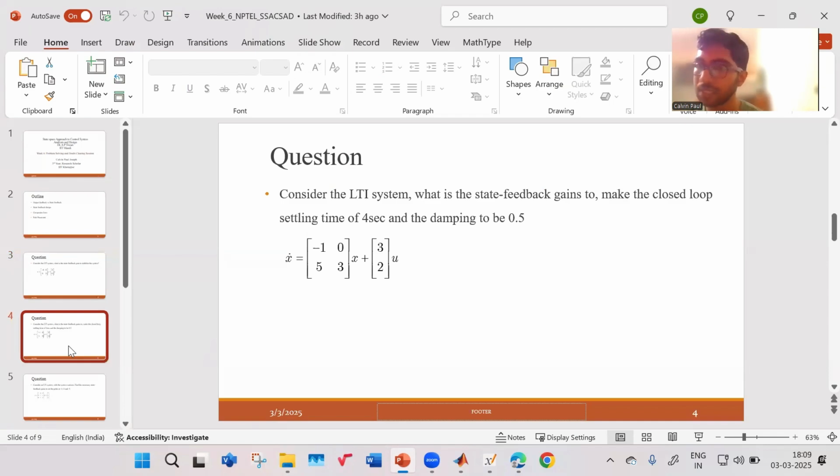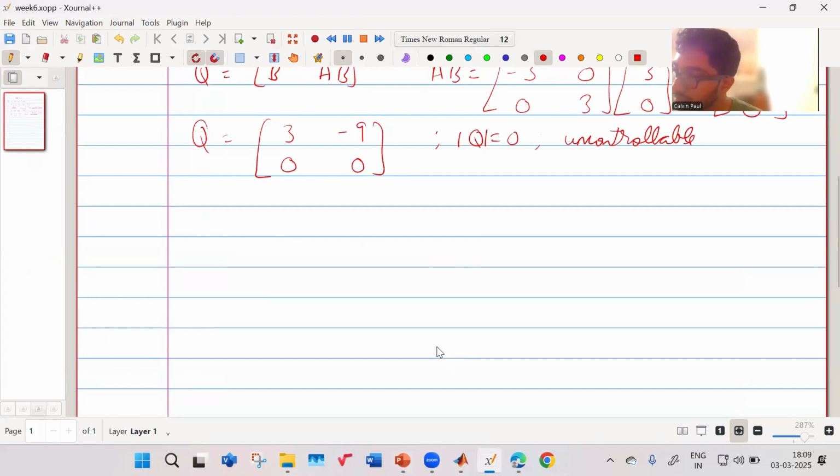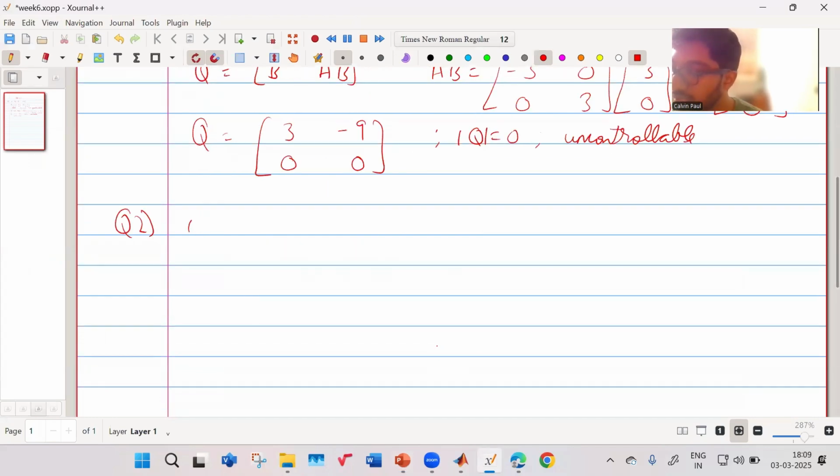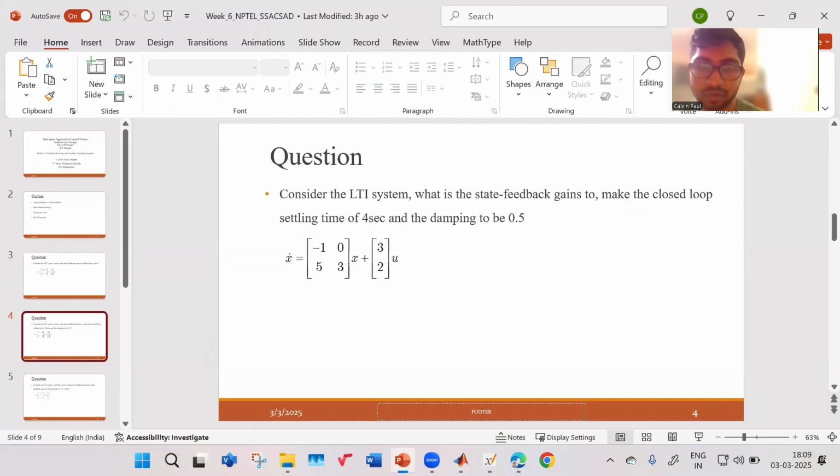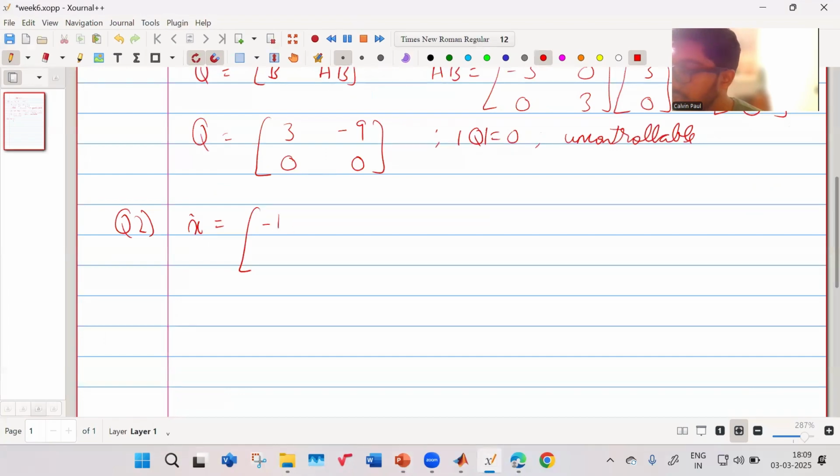What are the state feedback gains to make the closed loop settling time 4 seconds and the damping 0.5? So for question 2, x dot is equal to Ax plus Bu, where A is [-1, 0; 5, 3] and B is [3; 2].